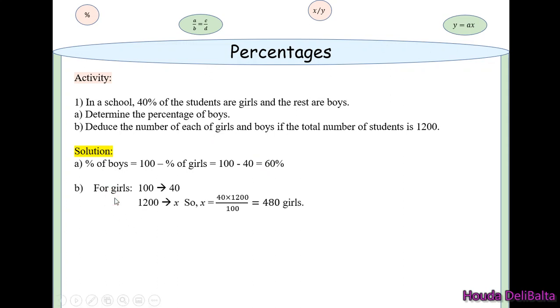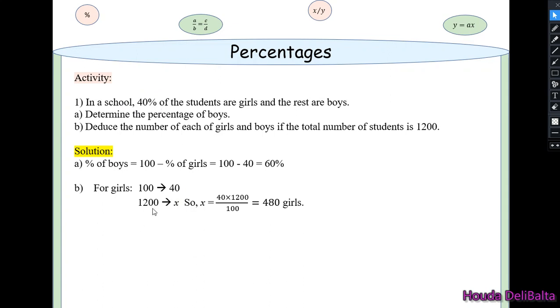Now, to find the number of girls first, we use the cross multiplication method. We say that if the total is 100, we have 40 girls. That's what we mean by 40%: in 100 we have 40.